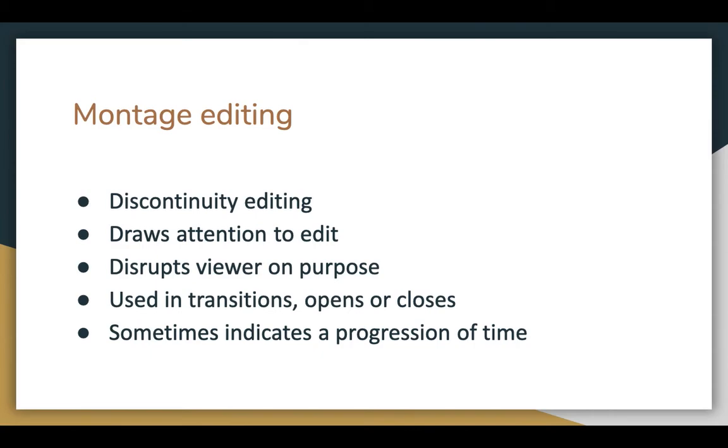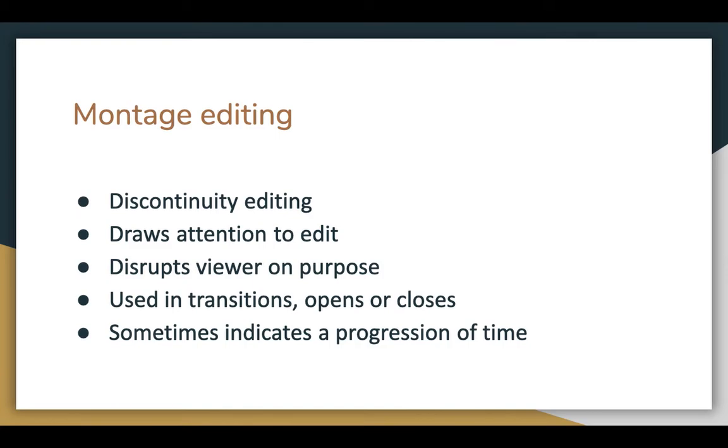Montage editing draws attention to the edit. It purposely disrupts the viewer. It draws attention. So it basically says, hey, wake up, we're doing something different. And again, sometimes it does indicate this progression of time.